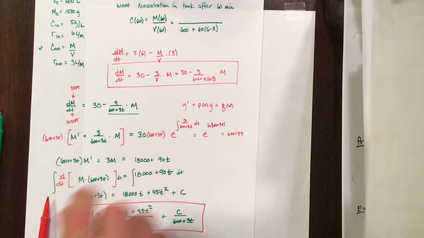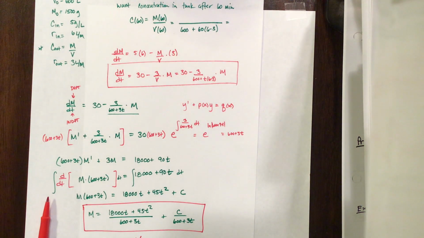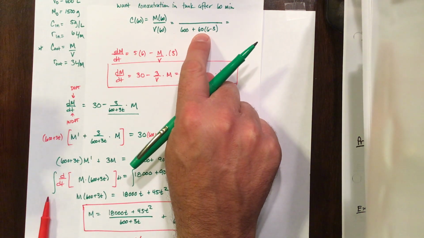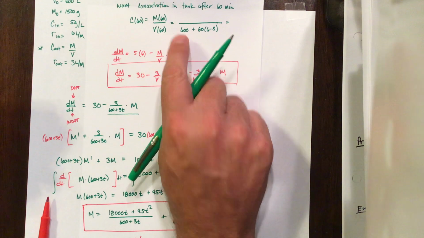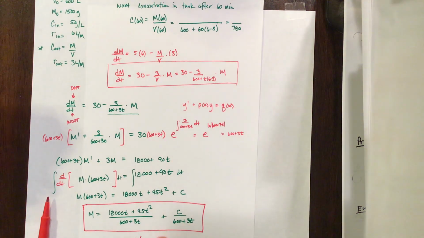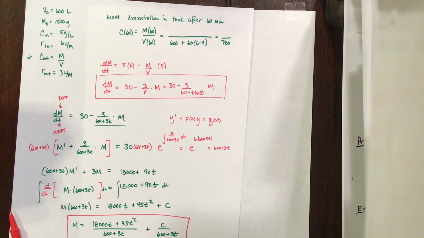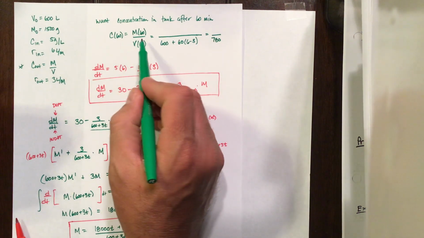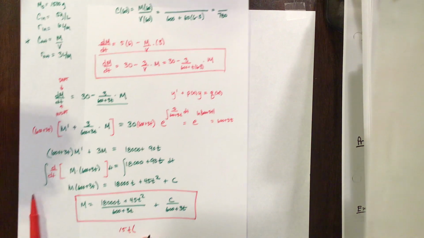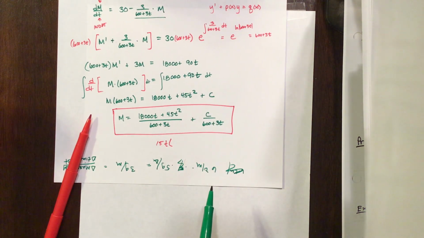Okay, simplifying the bottom, that's 3 times 60. 3 times 60 is 180, so that's 780 liters in the tank. And I need to know the mass of the salt in the tank at time equals 60. Well, I can't quite find that yet.